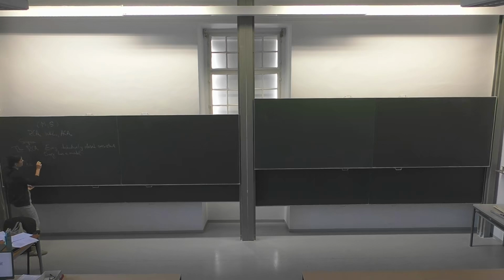Okay, so if we have a statement that every consistent theory has a model, this is equivalent to König's lemma.